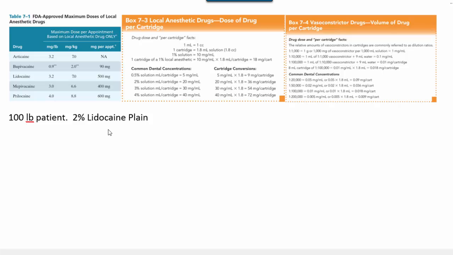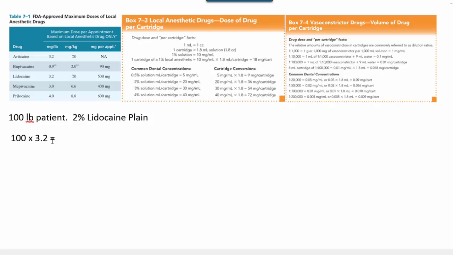Now, the absolute MRD for lidocaine, we can see right here, is 500 milligrams, whether it has vasoconstrictor in it or not. This pertains to anyone of all weights. Now, to calculate the MRD for this particular patient, you would need to multiply their body weight, 100 pounds, times the milligrams per pound for lidocaine, which is 3.2.